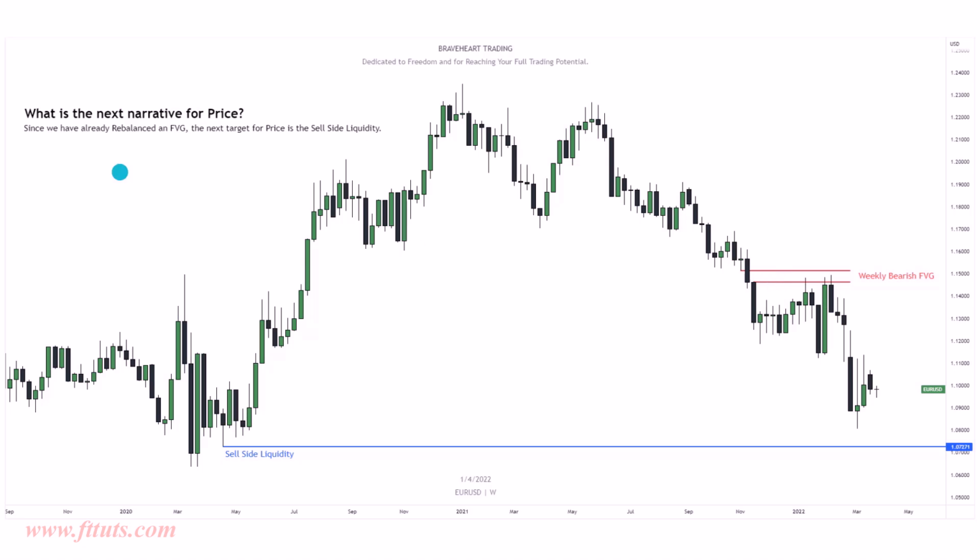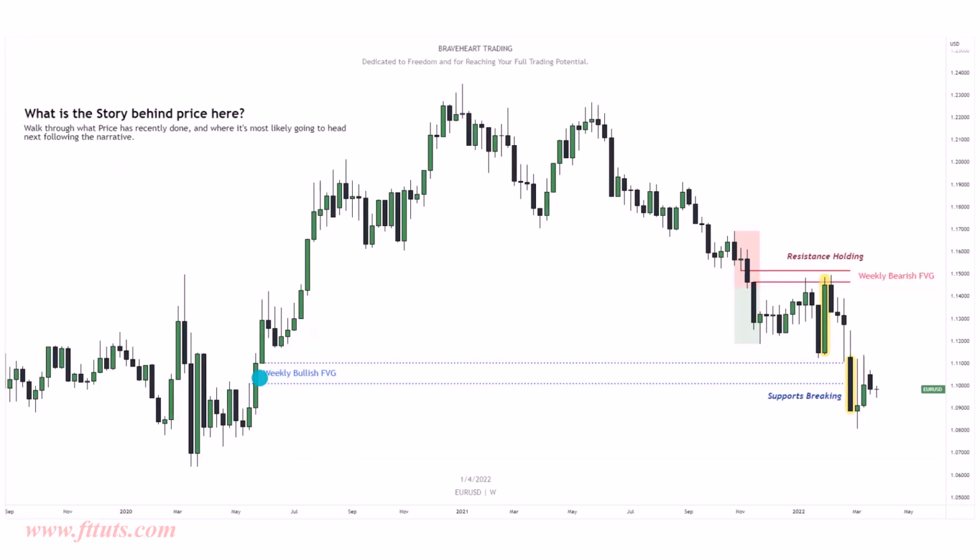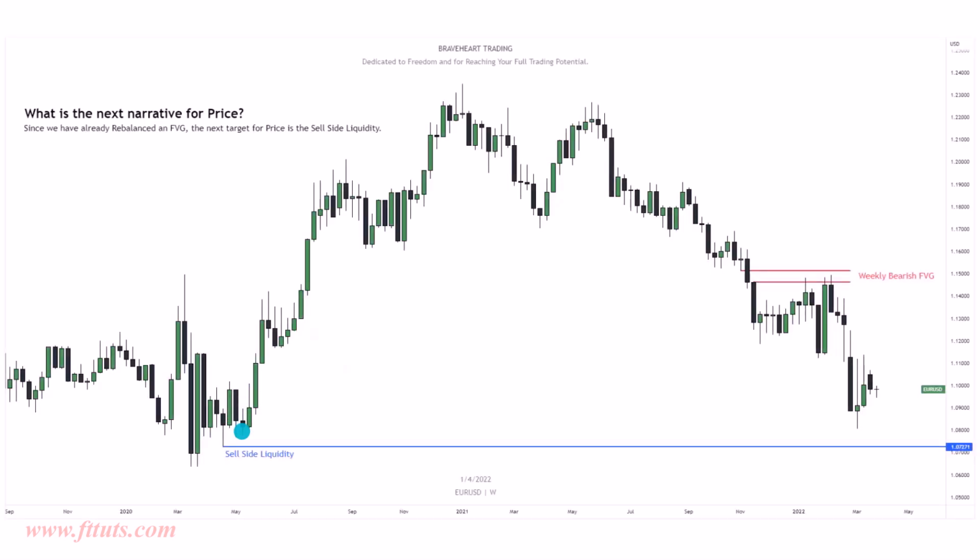So since in the previous chart we've already rebalanced this old imbalance, the next objective of price is to hunt sell side liquidity. So you just want to take it step by step and follow the trend. You don't want to be playing against the trend on the weekly chart, because these trends are set in stone for a long time.